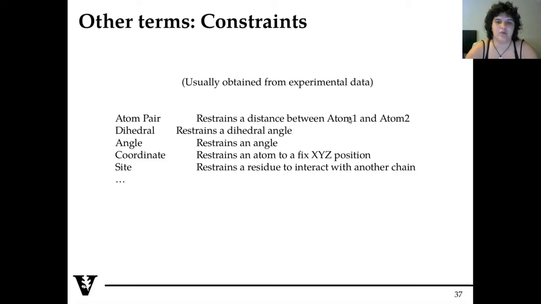Between, for example, atom 1 and atom 2, we want 6 Angstrom of distance, and if the Monte Carlo sampling falls outside this 6 Angstrom distance, the model will be discarded. And these help us to basically include the experimental data and also to enrich our design with good models.